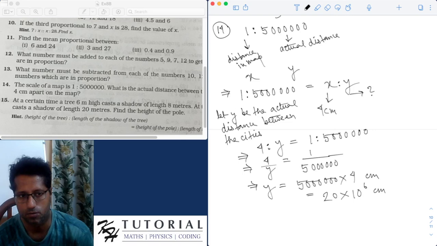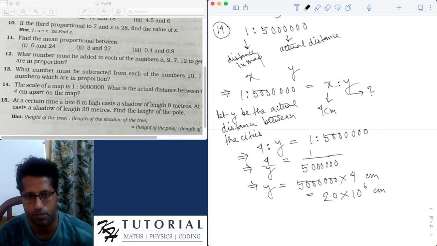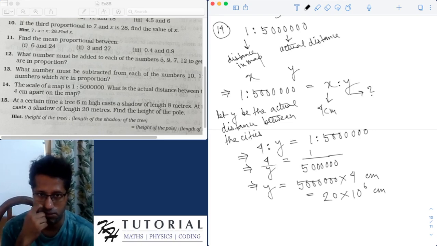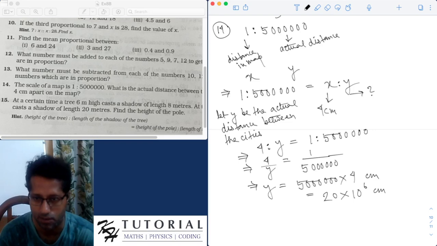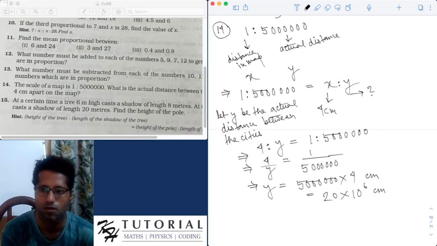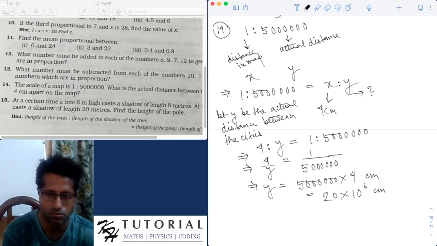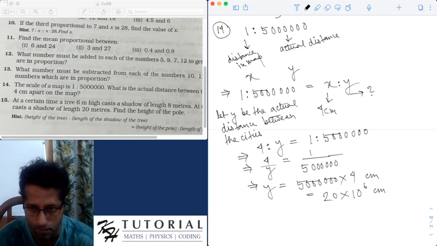So we have to consider the actual distance in centimeters. So now we can say that the ratio between the distance in map and the actual distance, which is 4 is to Y, has to be equal to 1 is to this big number.